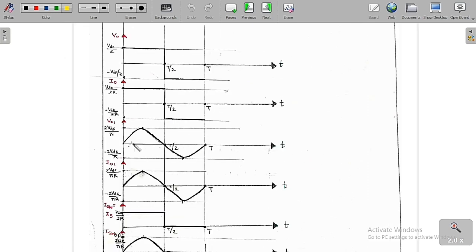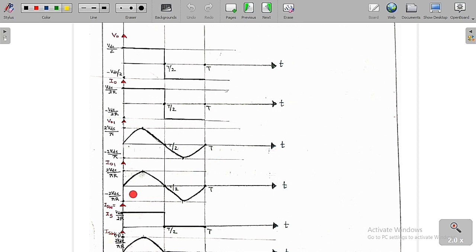Now we are going to plot the fundamental output voltage and also the fundamental output current. The fundamental output voltage is 2 VDC by pi into sine omega naught t. This is the graph you are going to get.